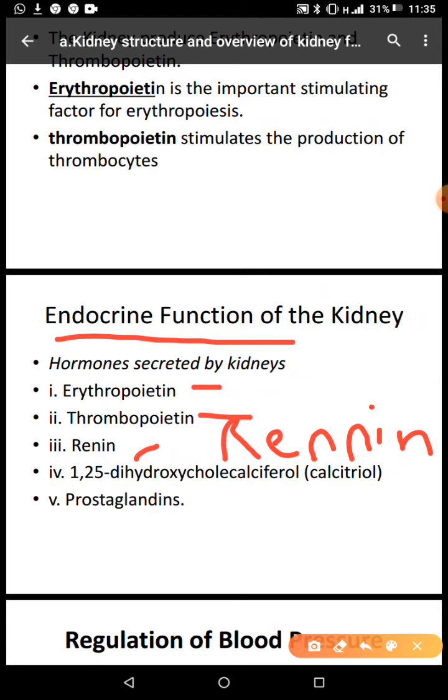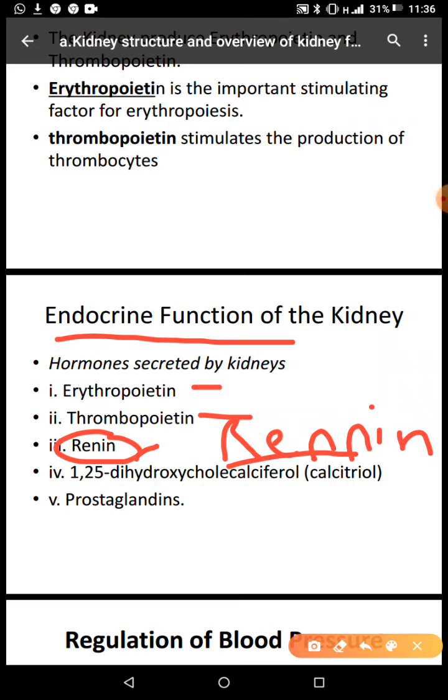It is a proteolytic enzyme, which we discussed under GIT. It is also called chymosin. But the renin we are talking about is produced by the kidneys, by the juxtaglomerular cells, and it participates in regulation of blood pressure. We are going to look at those mechanisms.